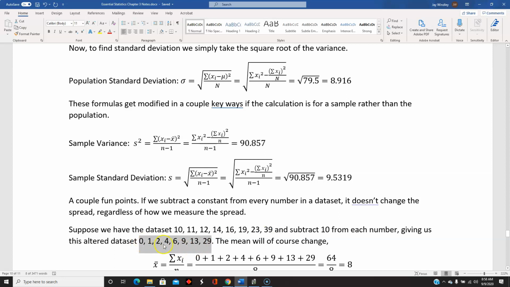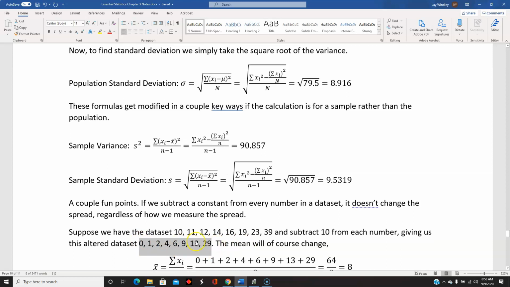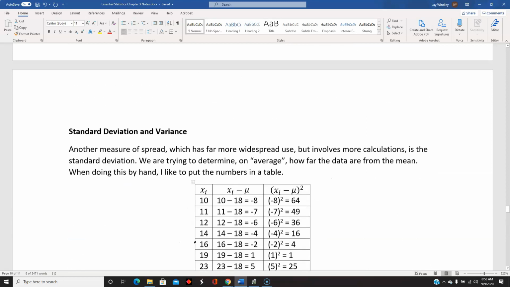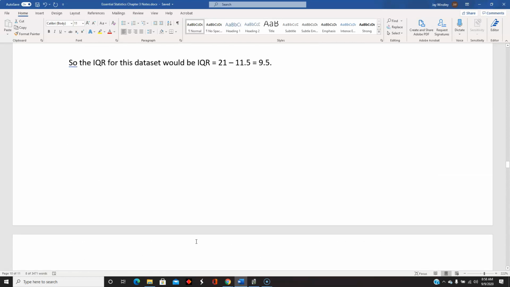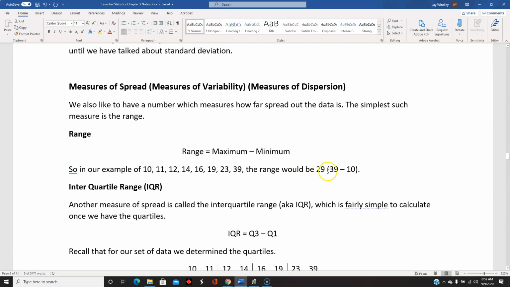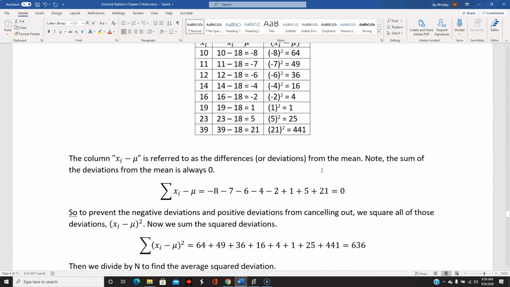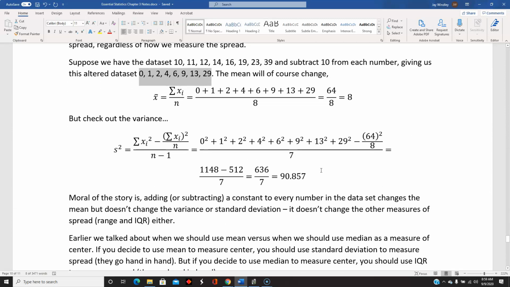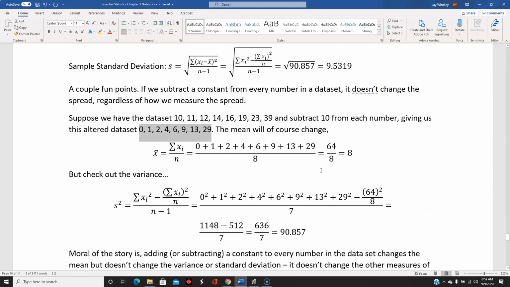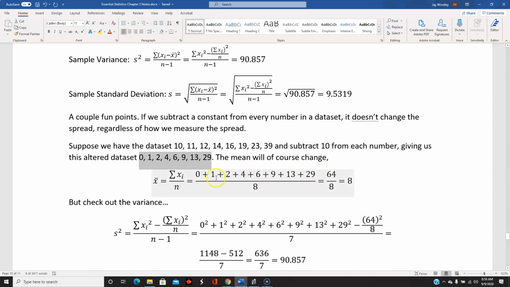Notice the spread, 29 minus 0, the maximum minus the minimum, is still 29. In other words, the range is still 29, which we found for the range way up here. So subtracting 10 from every number made all of the numbers smaller, but it did not change how far spread out the numbers were.